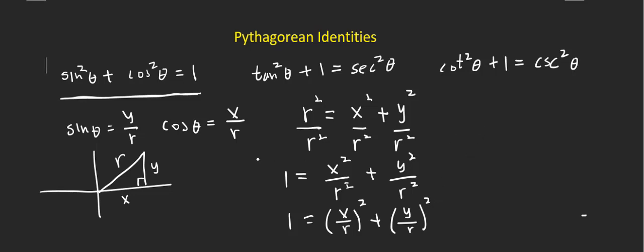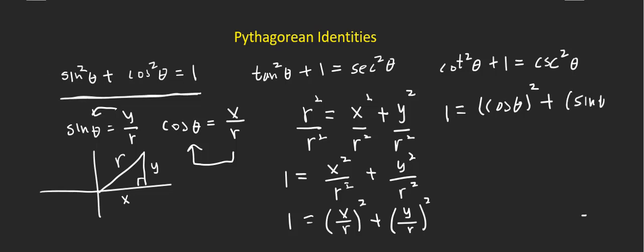Now, what is x over r? Well, x over r is cosine theta. So using substitution, you get 1 equals quantity cosine theta squared plus, what is y over r? Y over r is sine theta. So using substitution, you get quantity sine theta squared.